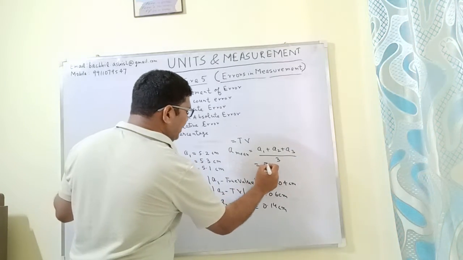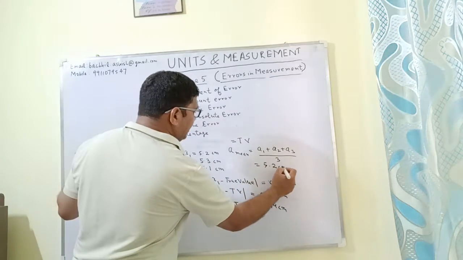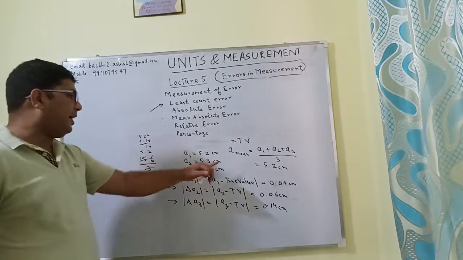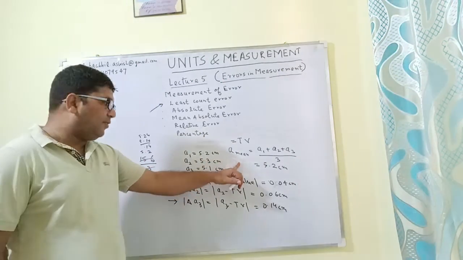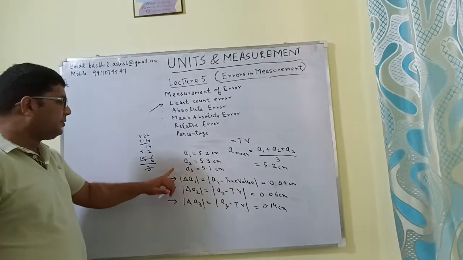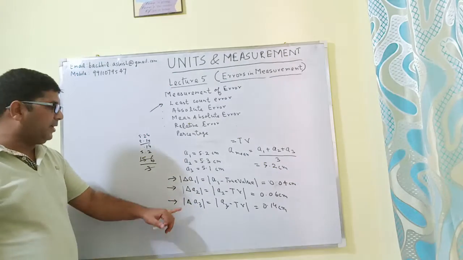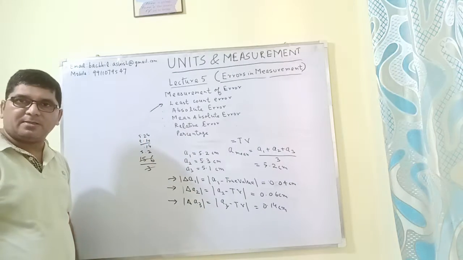So this is equal to 5.2 centimeter. Now this average value will be considered as the true value in order to find the absolute error.